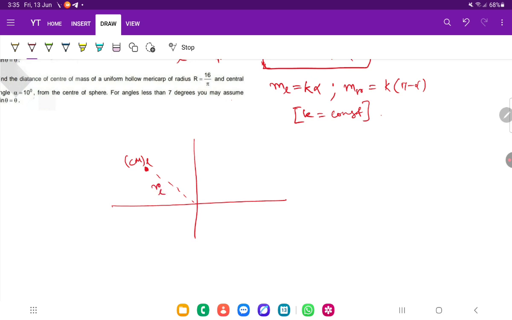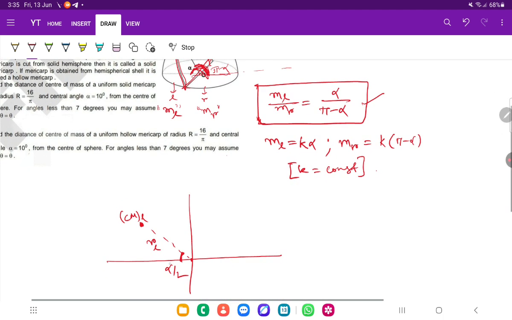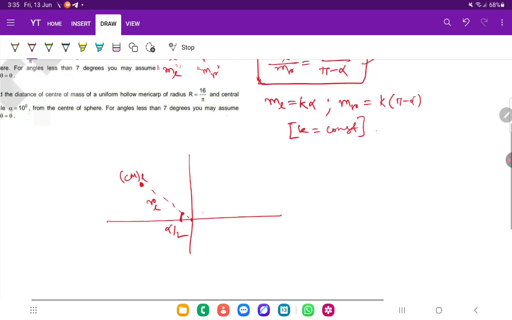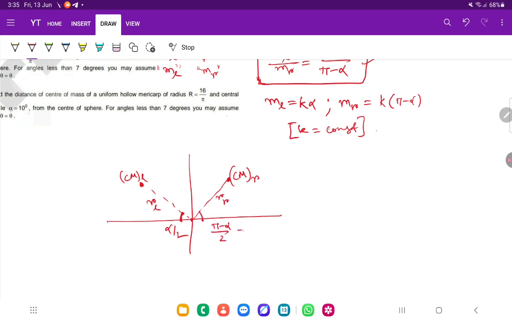Let's say this is RL, and this angle will be definitely alpha by 2, because the whole angle was alpha and this is the angle bisector of alpha. And from this side you can tell that center of mass of right hand side will be somewhere here. Let's say this is R of R, the right hand side. This angle will be half of pi minus alpha, pi by 2 minus alpha by 2.